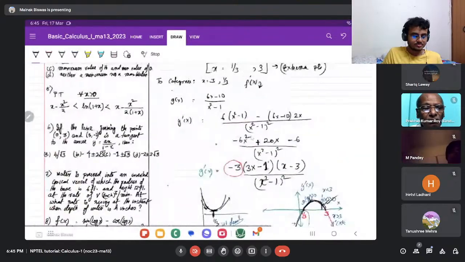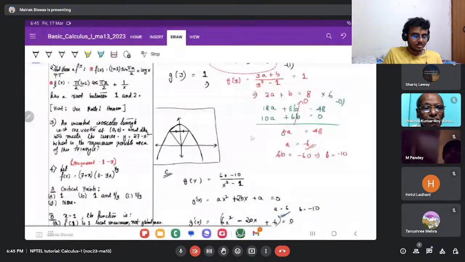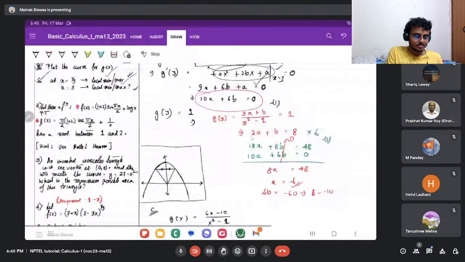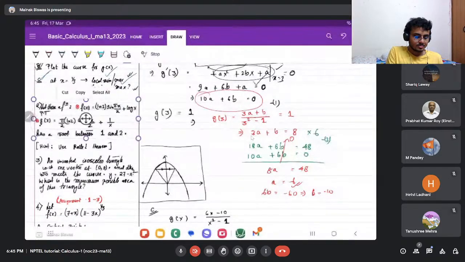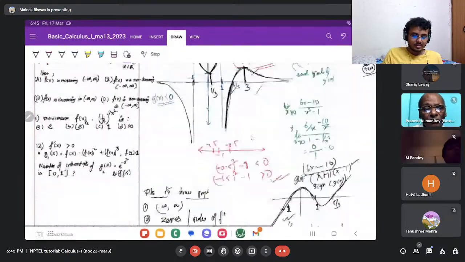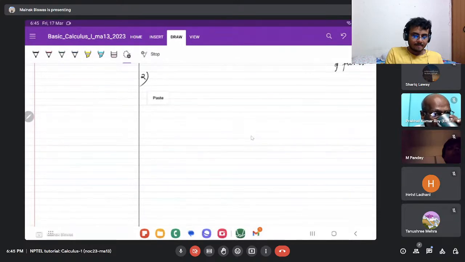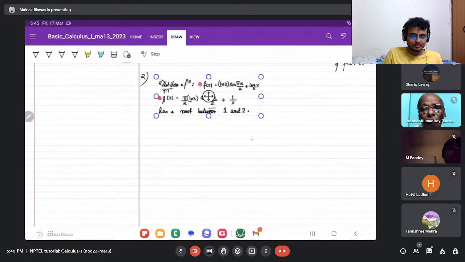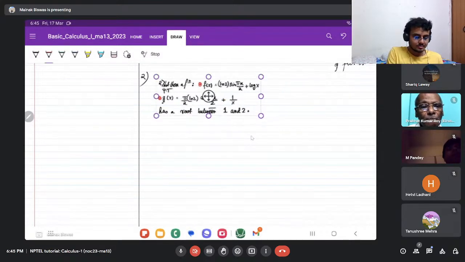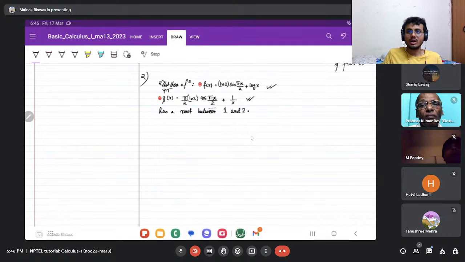So number 2 question is, let's copy it. So this says that, great. So what does it say? A function f of x is given. You need to prove that g of x has a root between 1 and 2.